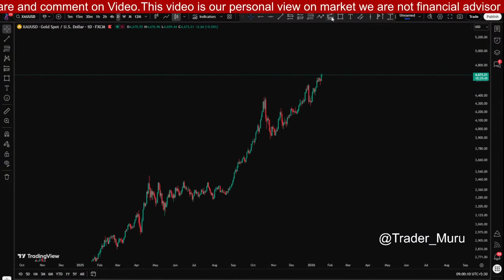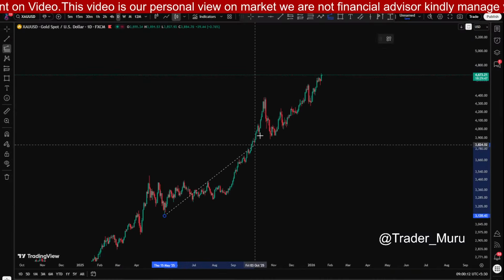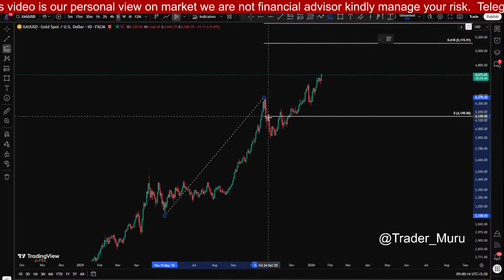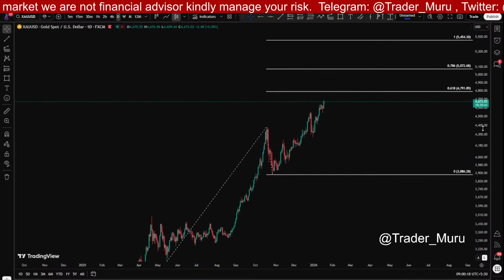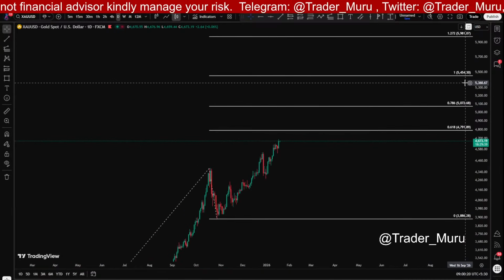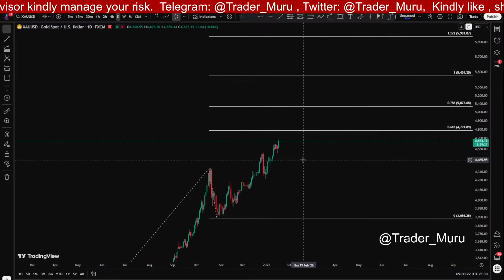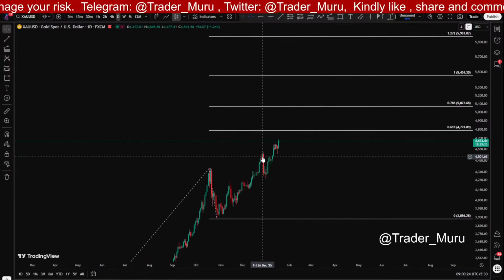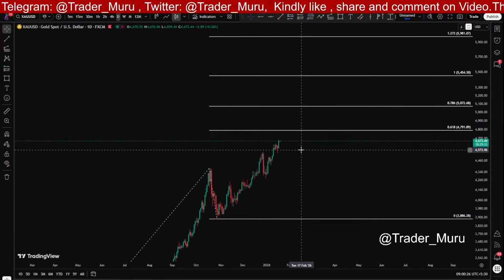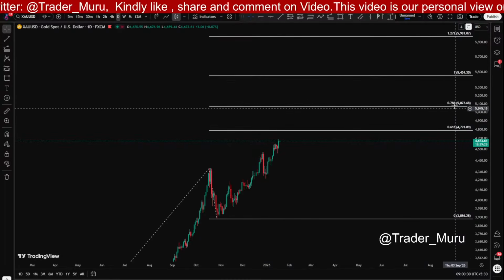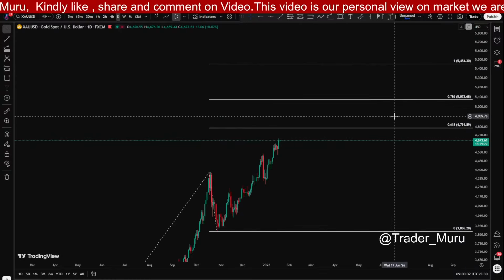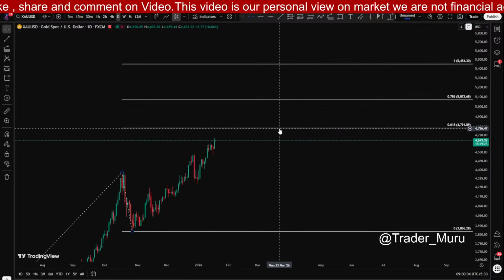So if we measure this rally from here to here and put it over here, then our target is coming near about 5000 here. So we will see some retracement and again a pump towards 5000. This will be our target.